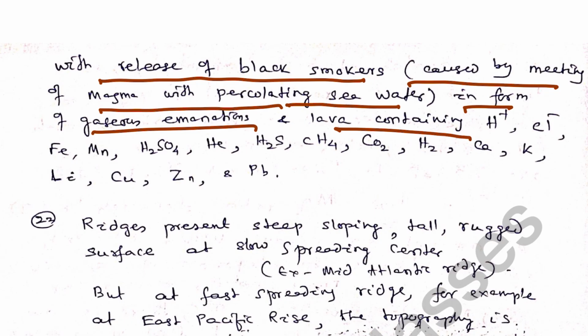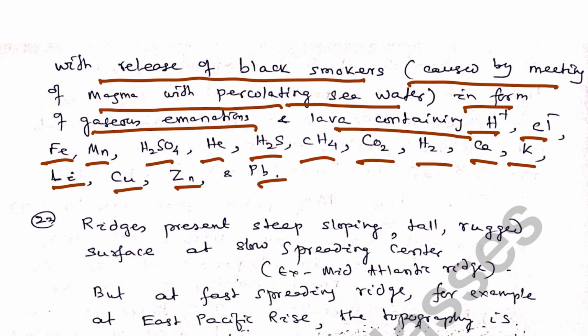And the lava is found to contain hydrogen, chlorine, iron, manganese, sulfuric acid, helium, hydrogen sulfate, methane, carbon dioxide, hydrogen, calcium, potassium, lithium, copper, zinc. All these are there, and they react with the percolating seawater. And there occurs exchange of these ions, and we find mineral deposit along the vents occurring in mid-ocean ridges.